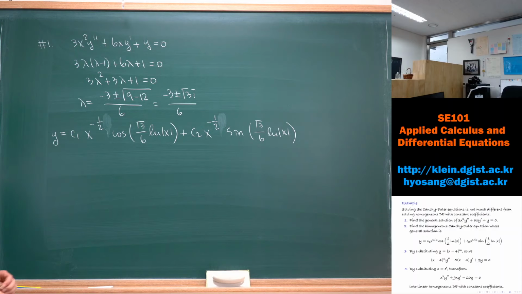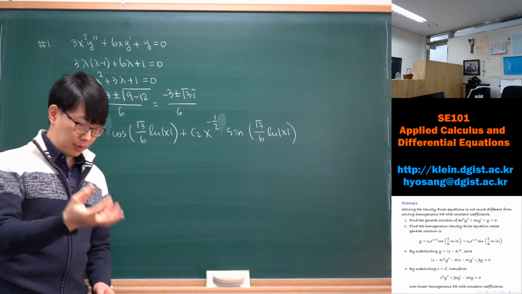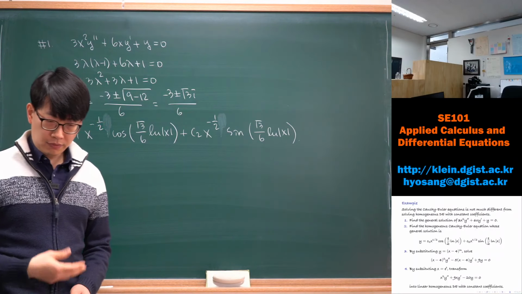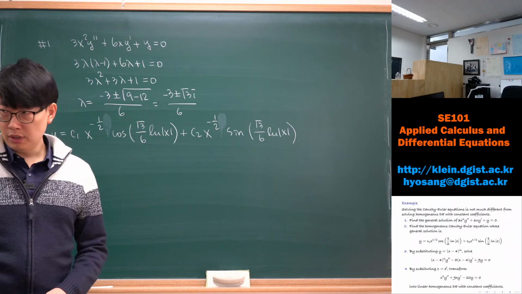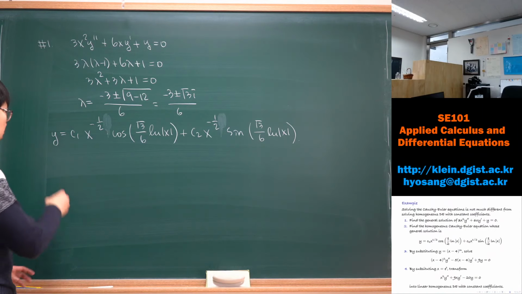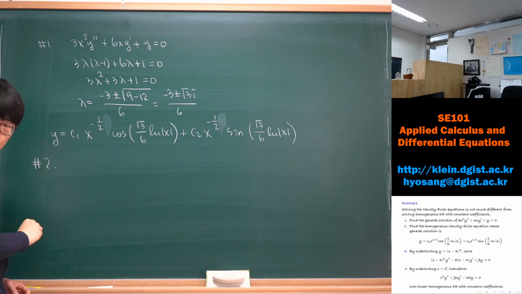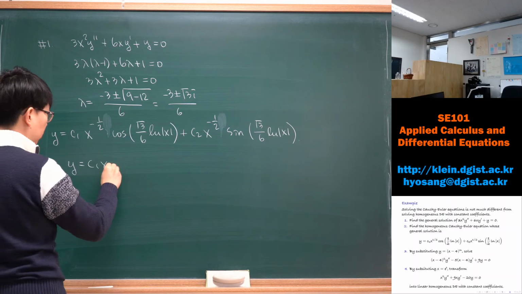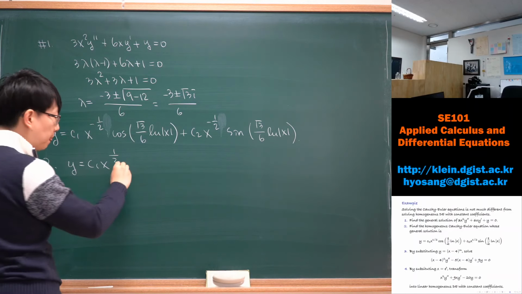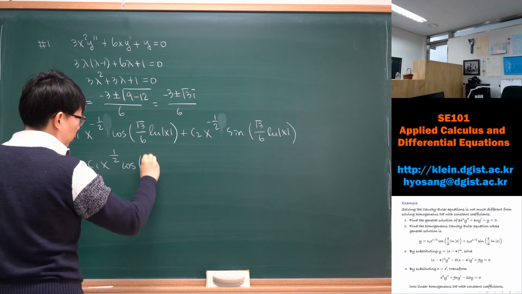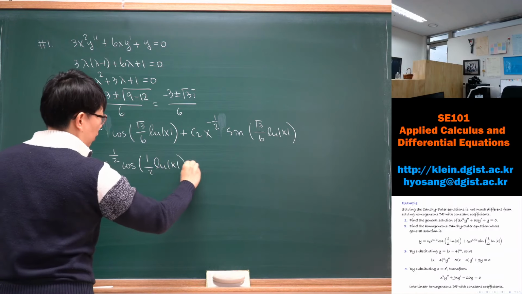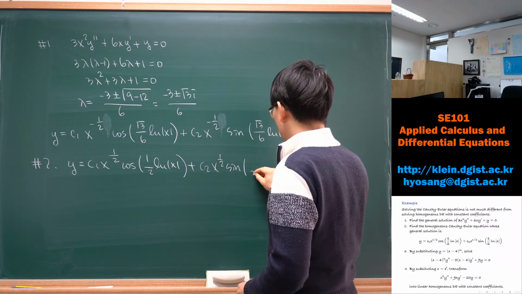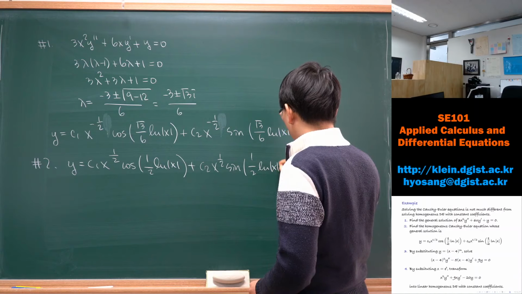And conversely, if you have a specific type of solution, you can guess that the solution satisfies some differential equation. So for example, in number 2, we are given a general solution of the form c1 x^(1/2) cosine of (1/2 ln x) plus c2 x^(1/2) sine of (1/2 ln x).